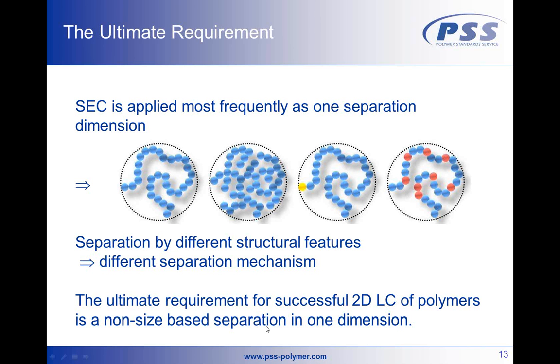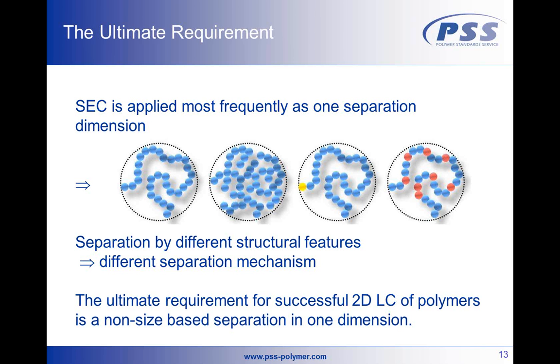So the ultimate requirement for successful two-dimensional liquid chromatography of polymers is that you have a non-size-based separation in one dimension, because in, I would say, 80%, 90% of all cases, one of the dimensions that you will use is size exclusion chromatography, and now you need another separation mechanism which responds to a different structural property and not only to size.